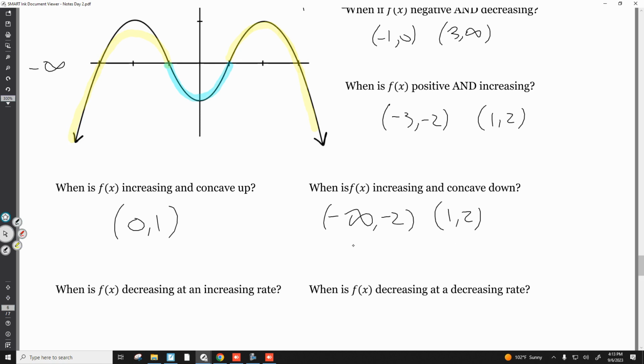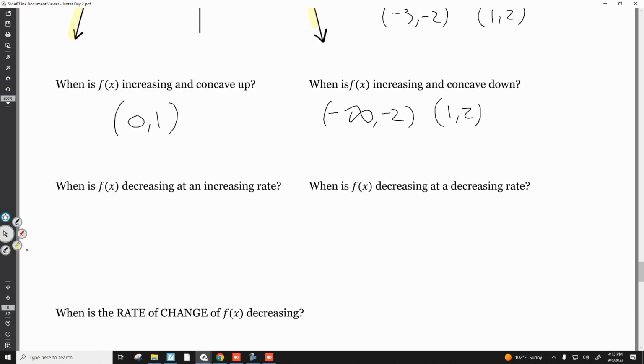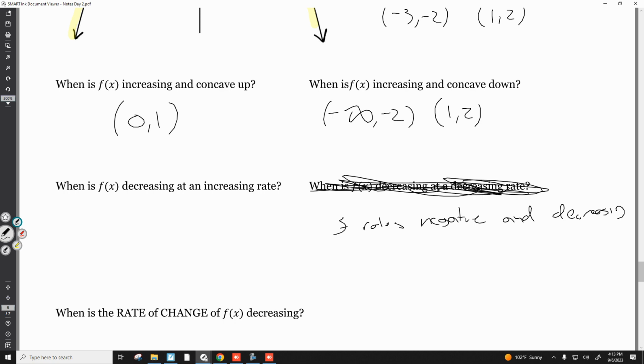All right, I'm going to ask this question differently. When are F's rates negative and decreasing? It's the same question really as what was just there.